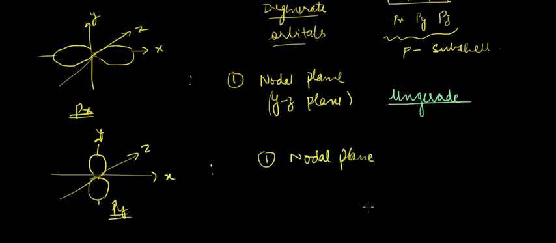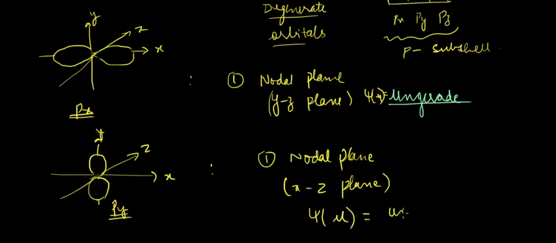Nodal plane is nothing but the plane on which the electron density for the orbital is 0. So this can be written as phi ungerade. Again, this is the one nodal plane, which is xz plane, and again this is ungerade, because it has odd number of nodal planes.